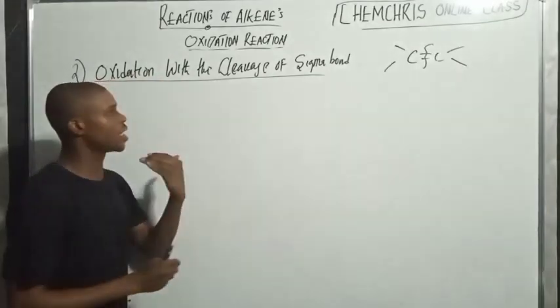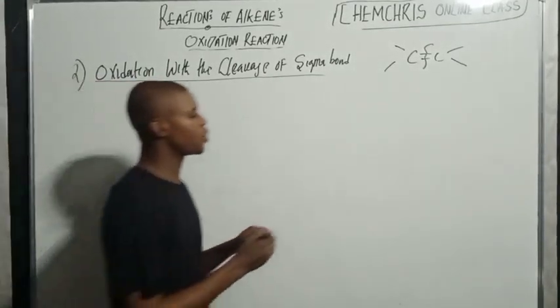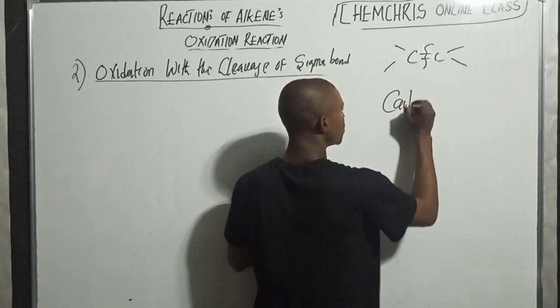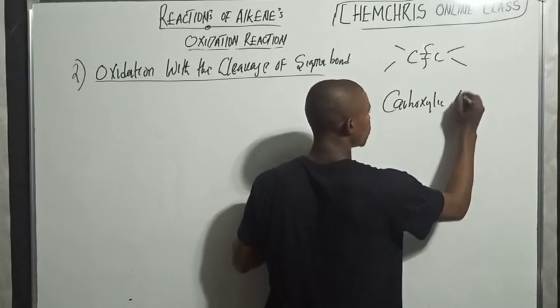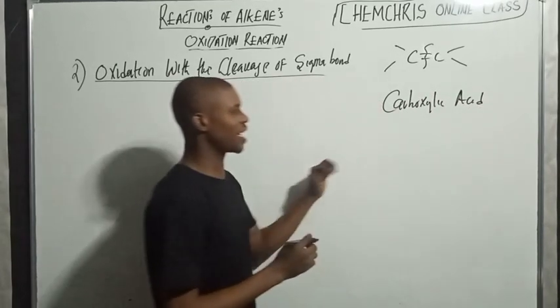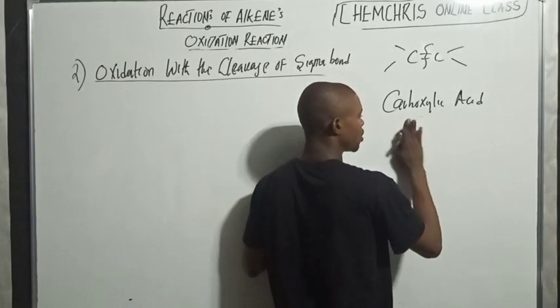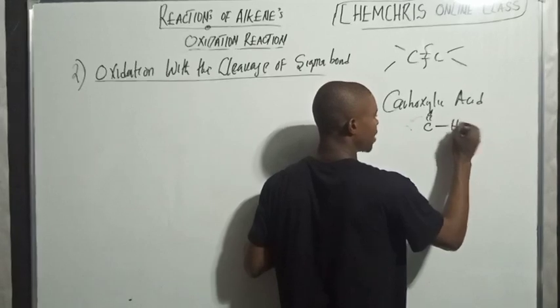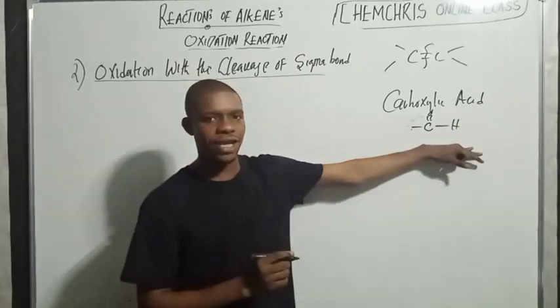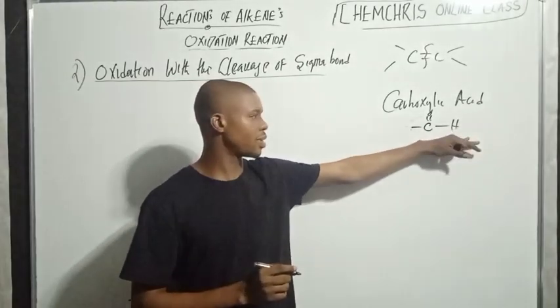The possible products you are going to get from this oxidation can either be a carboxylic acid. This is one of the first possible products you can get, a carboxylic acid.